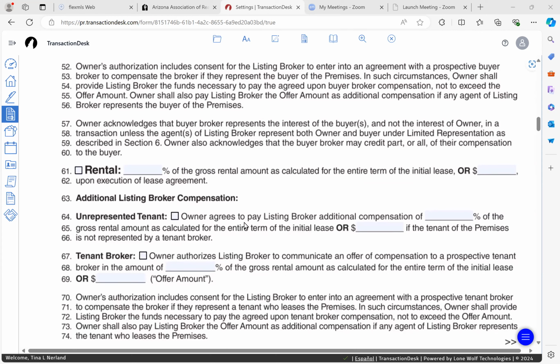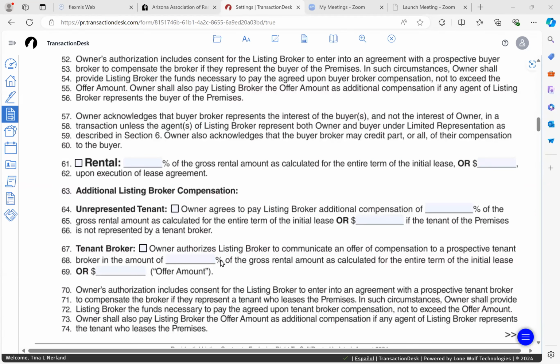I love this. I can't tell you how many times I have to just take 3% versus the full 6 because I feel bad because they don't have an agent and I don't want to charge my client. But now this clearly states, hey, if they don't have an agent, I'm going to get paid for it. I'll reduce it, but I'm still going to get paid for it because I'm doing the work. So I love this change.